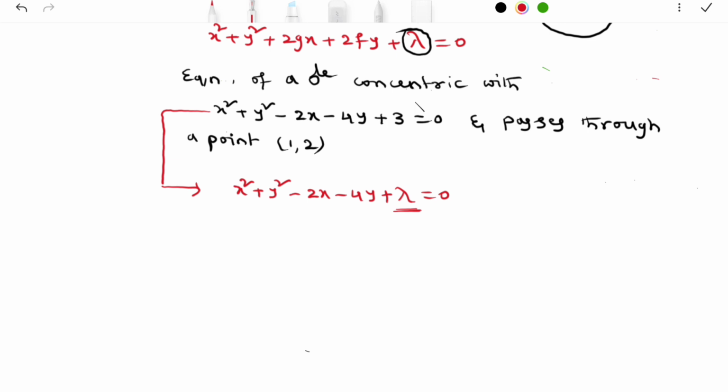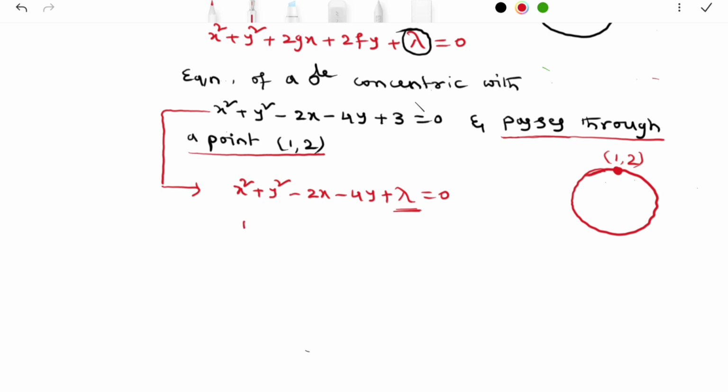The other condition in the question is that the concentric circle passes through the point (1, 2). A circle passing through a point means that point lies on the circle, so it will satisfy this equation.